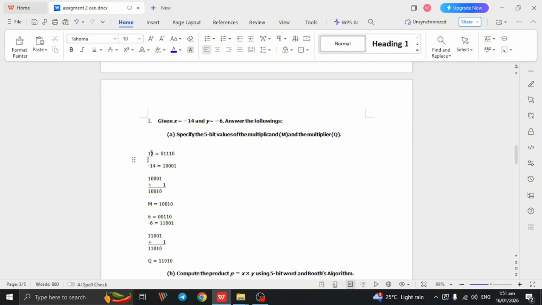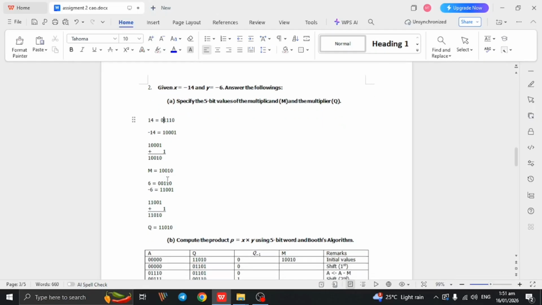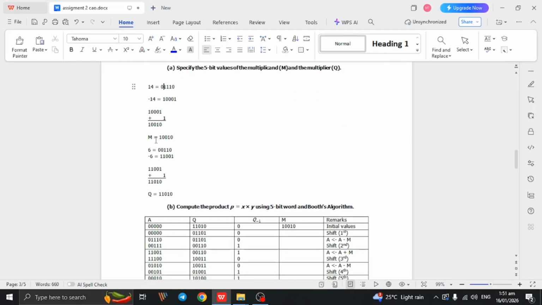So first we convert 14 into binary, and then we negate to get the negative of that number in binary.